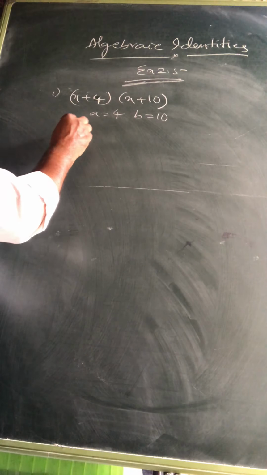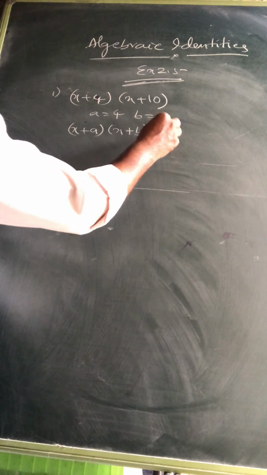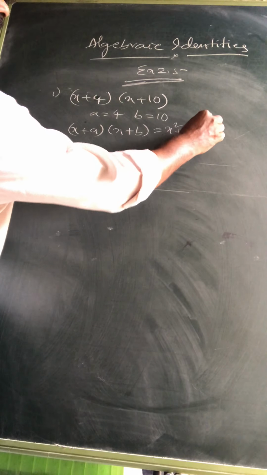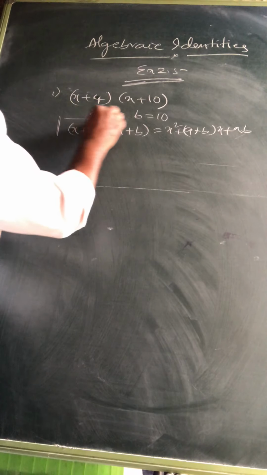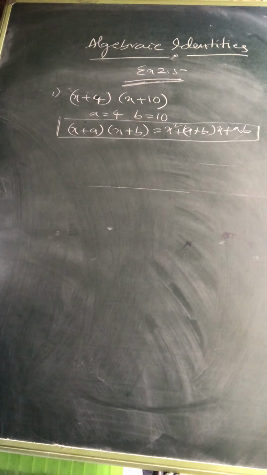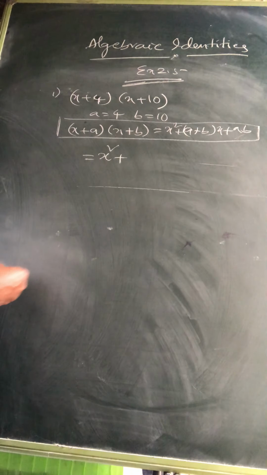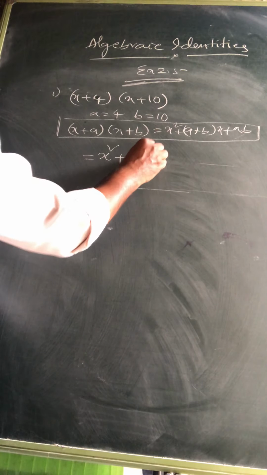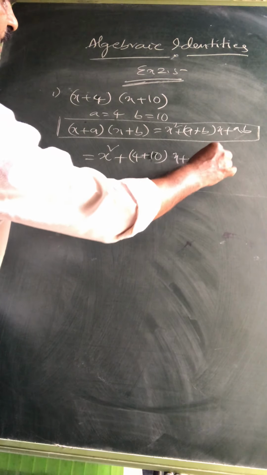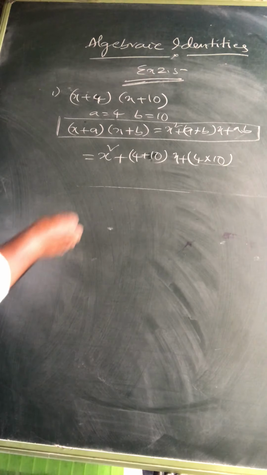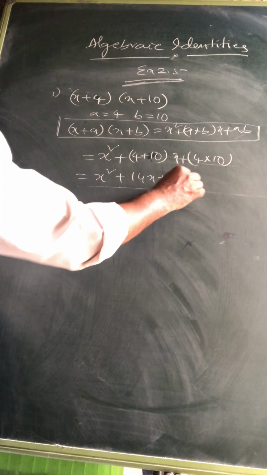Now write that identity compulsorily: (x + a)(x + b) = x² + (a + b)x + ab. Put it in a box to recognize it easily. So (x + 4)(x + 10) = x² + (4 + 10)x + 4 × 10 = x² + 14x + 40.